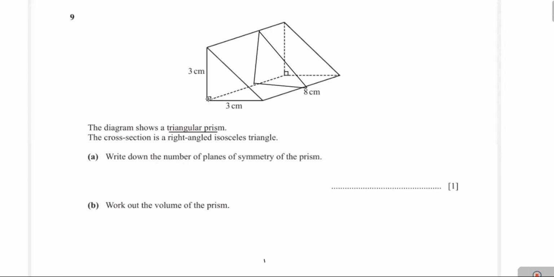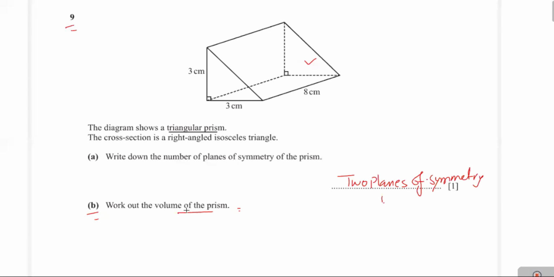Next is the rectangular plane of symmetry. This rectangular plane divides the prism into two equal parts. We write here, two planes of symmetry.